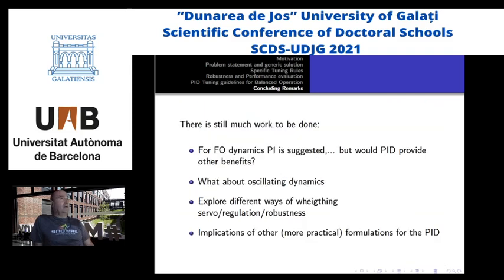Okay, and also from this one, we have been analyzing different cases, but of course there are more. We have not considered, for example, oscillating dynamics. What happens if the plant has complex poles? Okay. Also, we have been using one specific way of measuring the robustness and the performance. You can get other measures, okay? So you can follow the same kind of analysis, but by using different ways of evaluation.